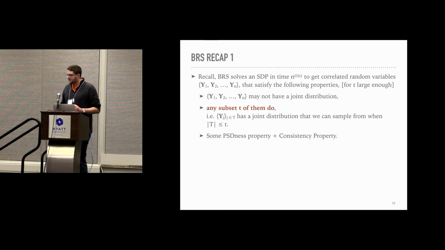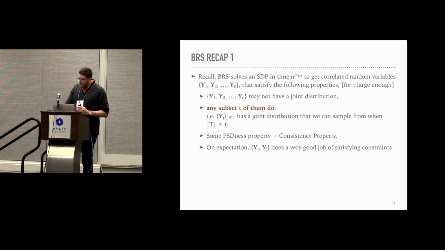On top of this, I want to satisfy some PSD property because of semi-definite programming, and some consistency property that essentially just says, if you look at the distributions on some sets S and T, each involving at most t variables, and you marginalize both distributions on something in their intersection, the distributions you get are going to be consistent. So this is more or less what you would expect intuitively, but still needs to be stated.